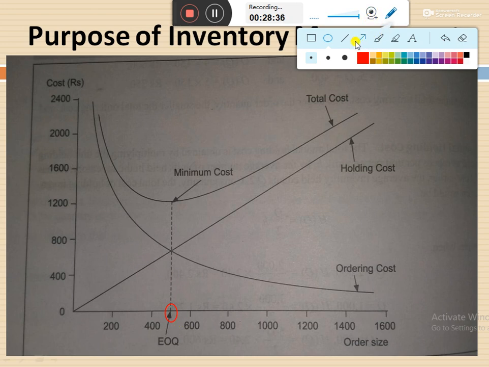At this level, the holding cost and ordering cost are equal, at this point. So holding cost is equal to 600 rupees and ordering cost is also equal to 600 rupees, and the economic order quantity level is equal to 500 units.